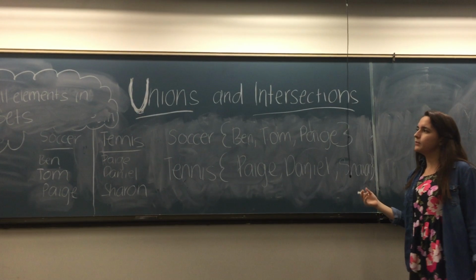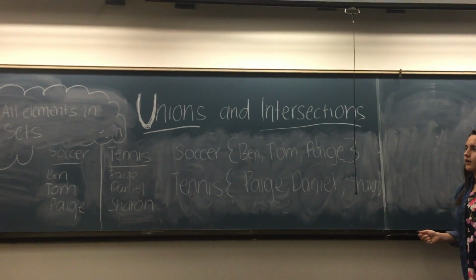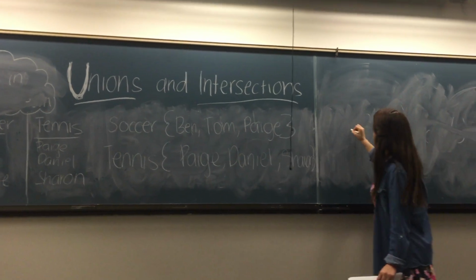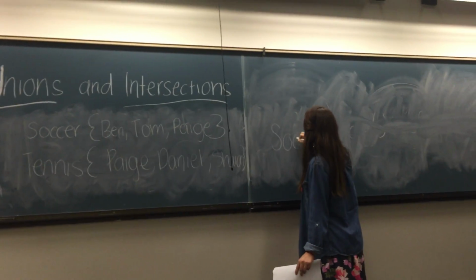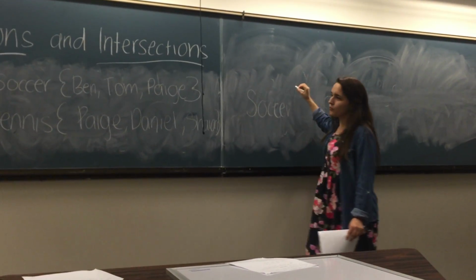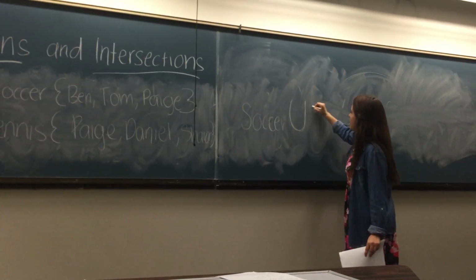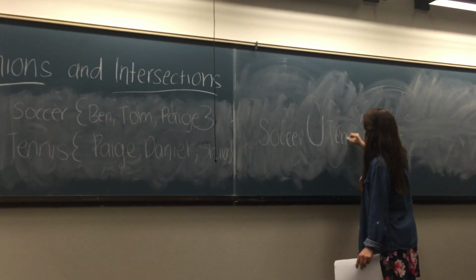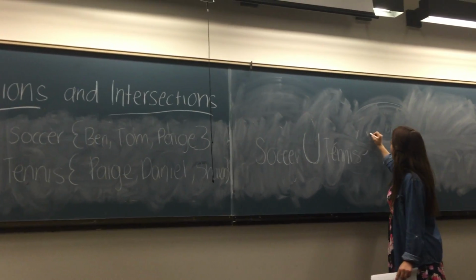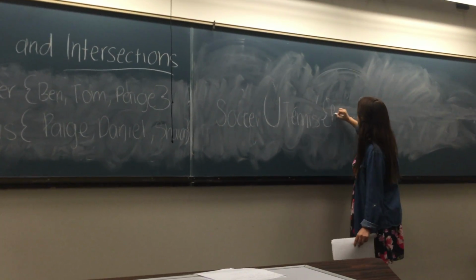Okay, now can someone tell me what the union between these sets is? That's right, it's everyone. So how I'm going to write it is the first set, which is soccer, the symbol for union, which is the U, and then my second set, which is tennis, and I'm going to use the brackets again, and for this we're going to include everyone.